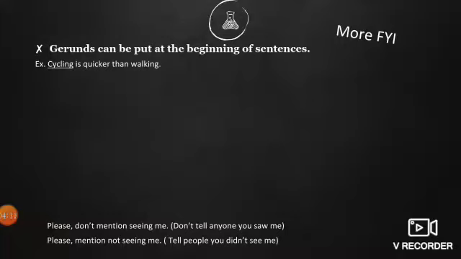You need to know that gerunds can be put at the beginning of a sentence. So here, guys, I want you to think, here we have the example, cycling is quicker than walking. So also we have smoking is bad for you. We don't say to smoke is bad for you. We could say it, but it's just not commonly used and it sounds strange.